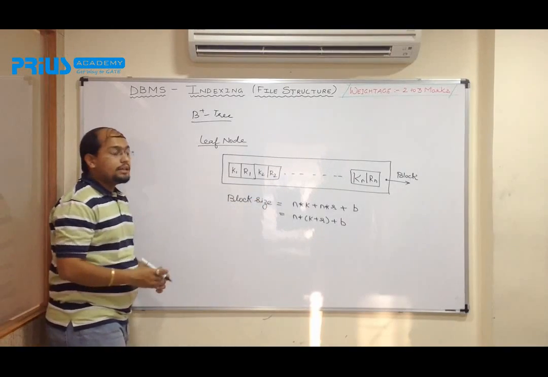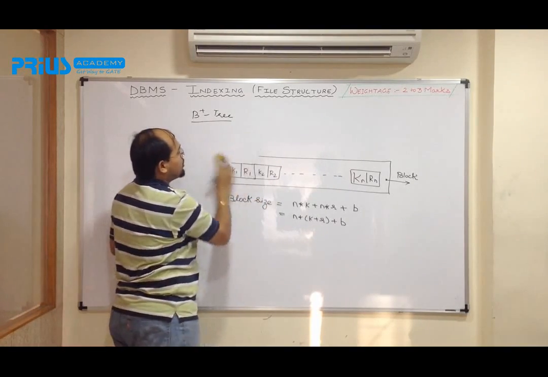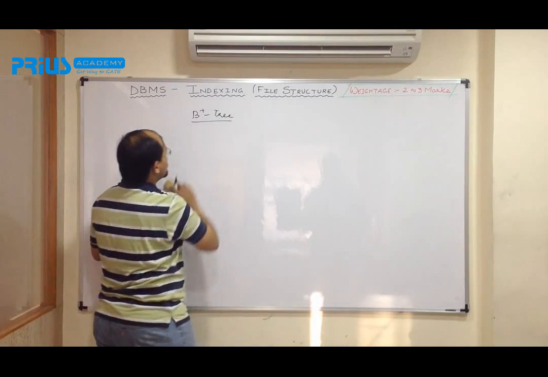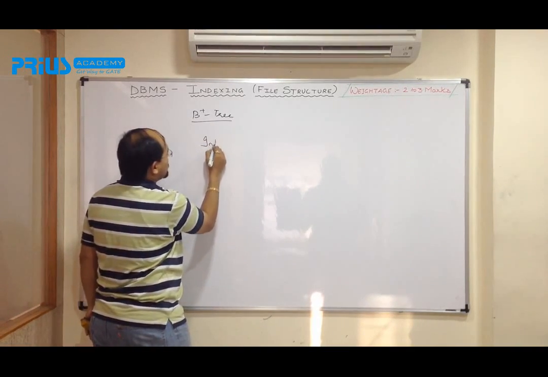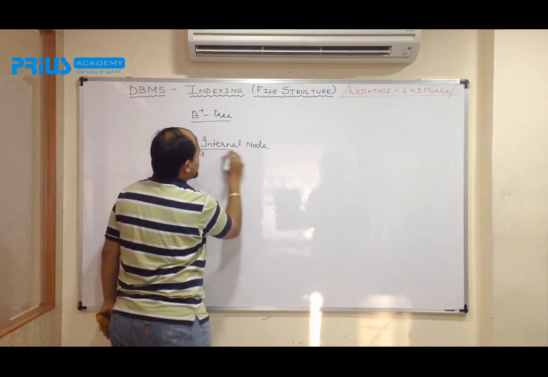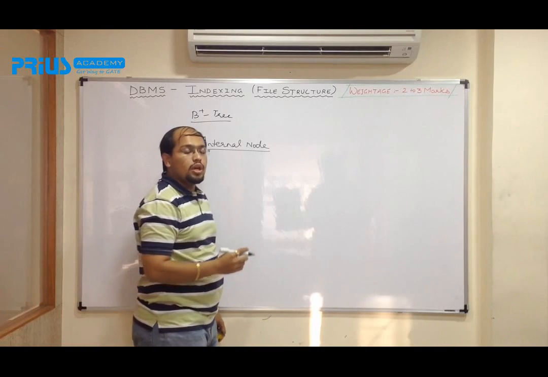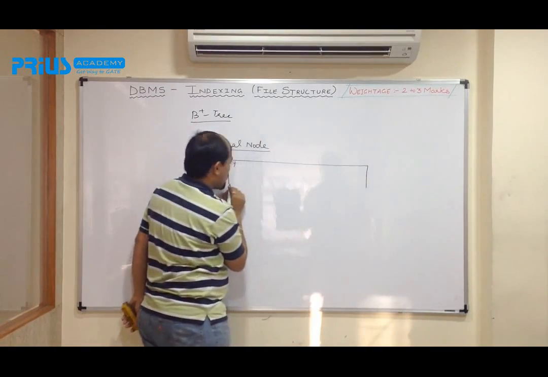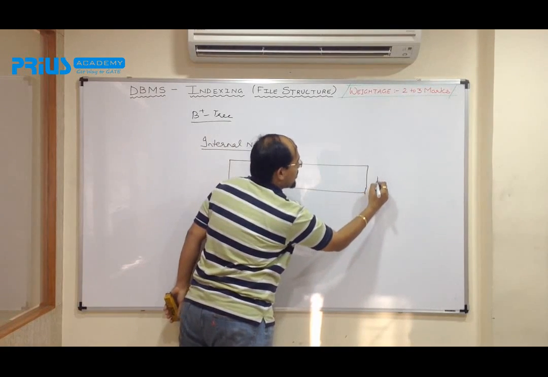Now what for an internal node? In an internal node, we'll have only the pointers. So that will be the block pointers that are used for indexing.